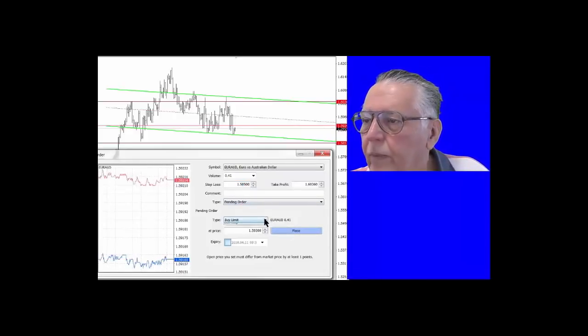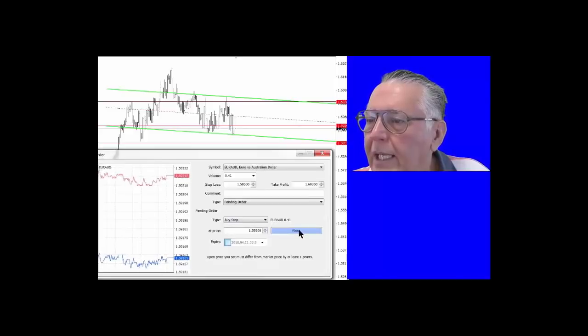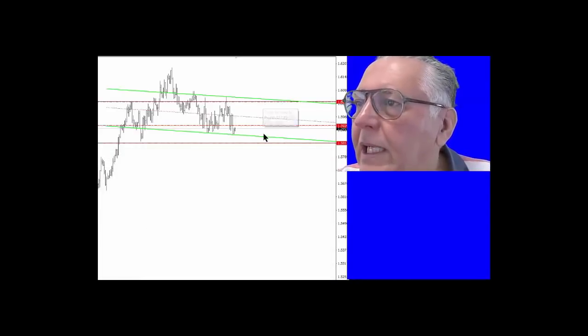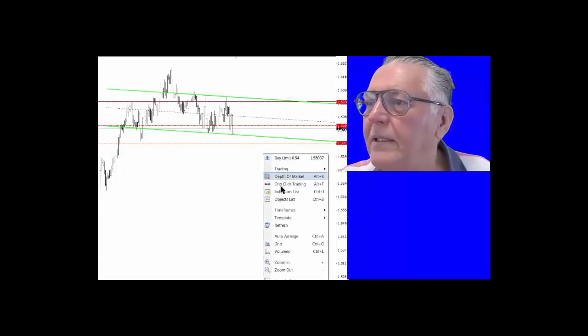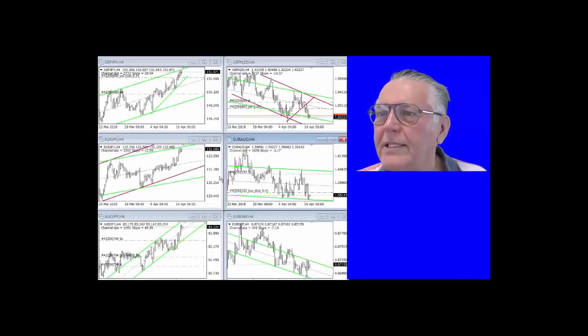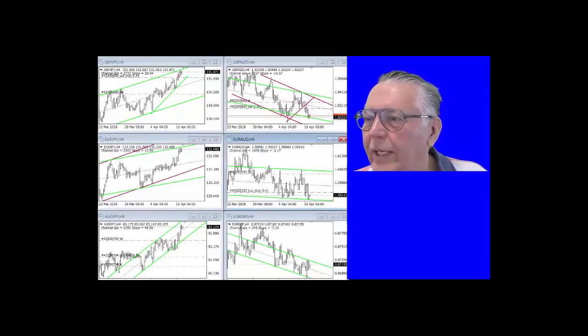Okay, and this is going to be a buy stop, because it's going to continue, and I can then place this pending order. And there the results are of that particular deal. So there we have our new pending order deal. If it does bounce up, it should go somewhere over there. So that's our next trade identified.